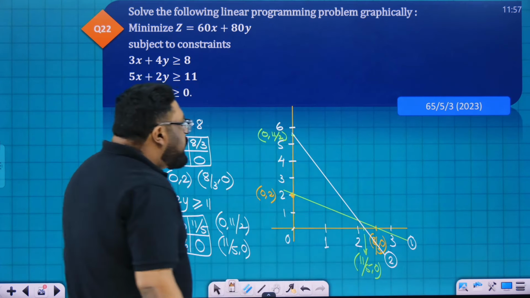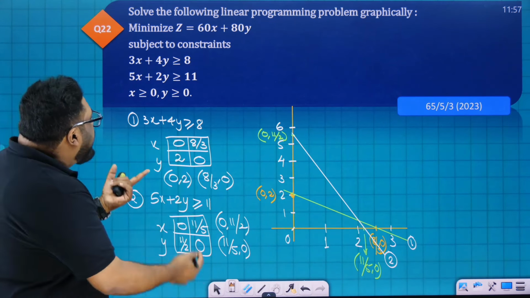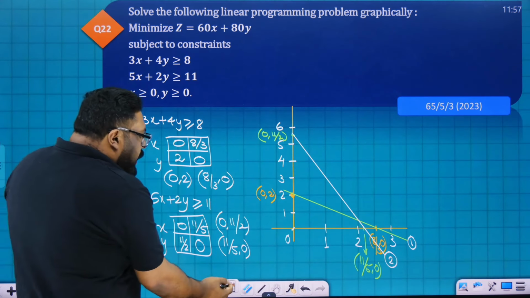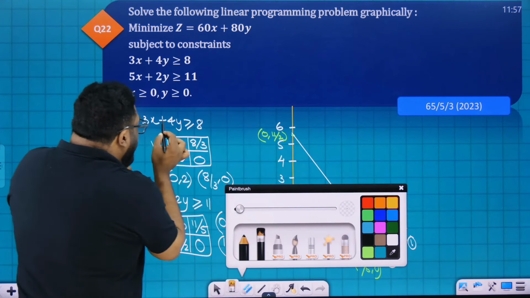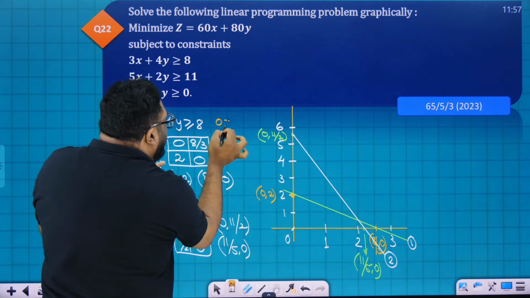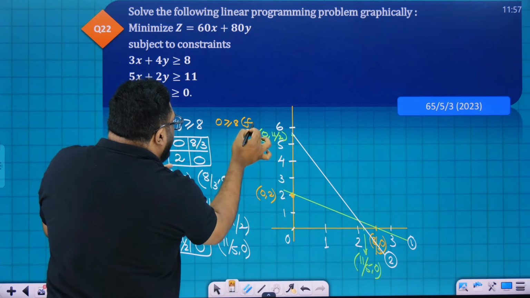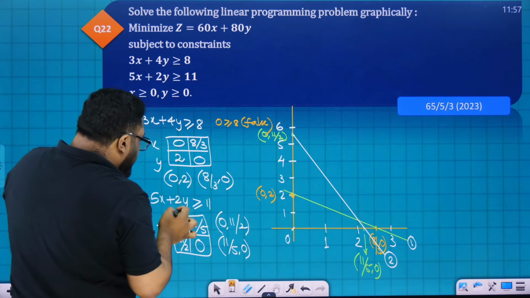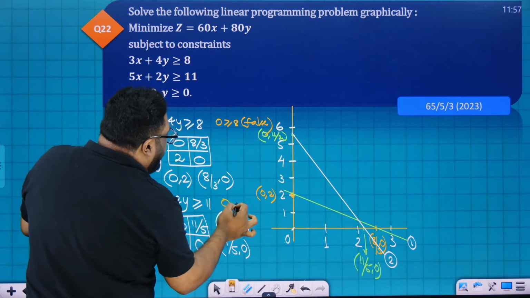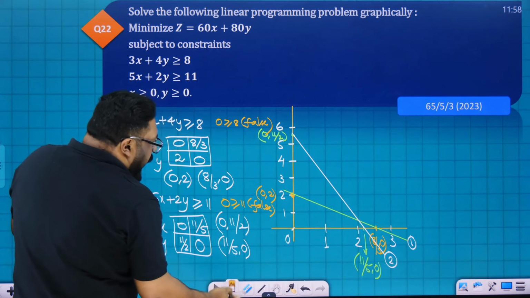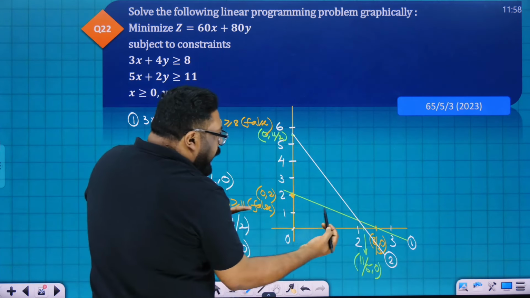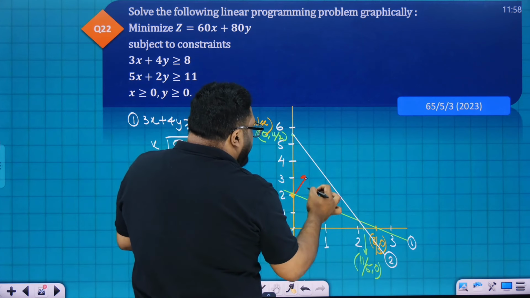Now we shade the region, my dears, by trying (0, 0). If I put (0, 0) in the first, I get 0 greater than or equal to 8, which is false. If I put (0, 0) in the second, 0 is greater than or equal to 11, that is also false. So it is very clear that I have to shade for both the lines away from the origin.